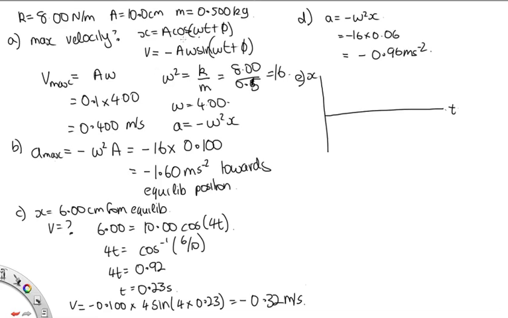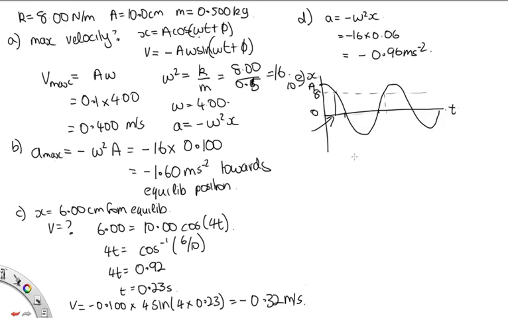So initially it starts at amplitude A when t is equal to 0, and then it travels like this. And this is 10 centimeters. So we need to find out how long it takes to get from 8 to 0. So we're looking for this time interval here, which is the same as going from 0 to 8, this time interval here. Okay, so let's work out the time at which it's at 8 centimeters.